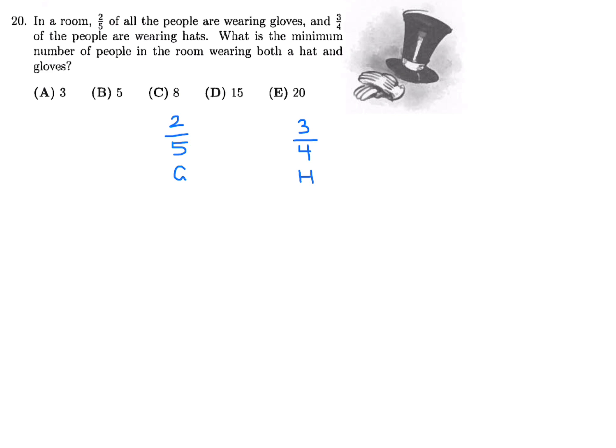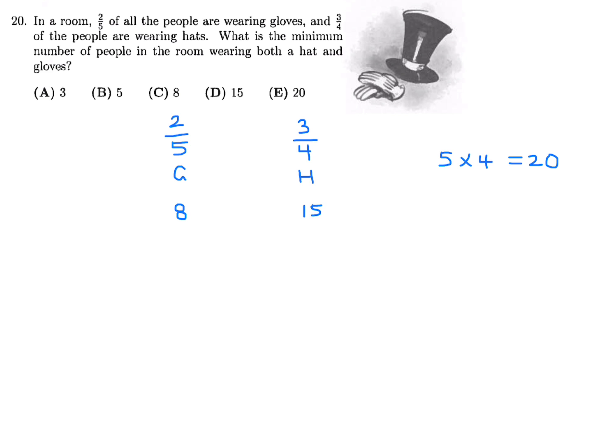So we've got to choose a common number that both 4 and 5 can factor into. And the least common one, since we want the minimum, is 5 times 4, which is 20. And if that is the case, then these numbers become 8 and 15.